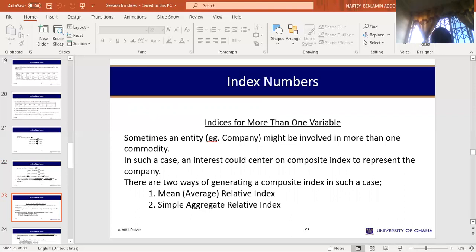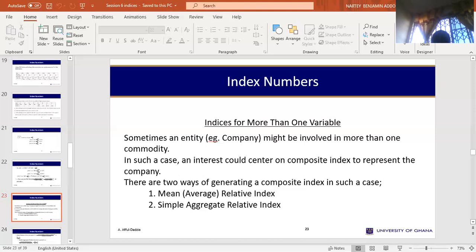Unilever, for example, has a variety of commodities. Even take the soap alone: we have Lux, we have Sunlight, Omo, and so on. So companies actually produce multiple commodities.